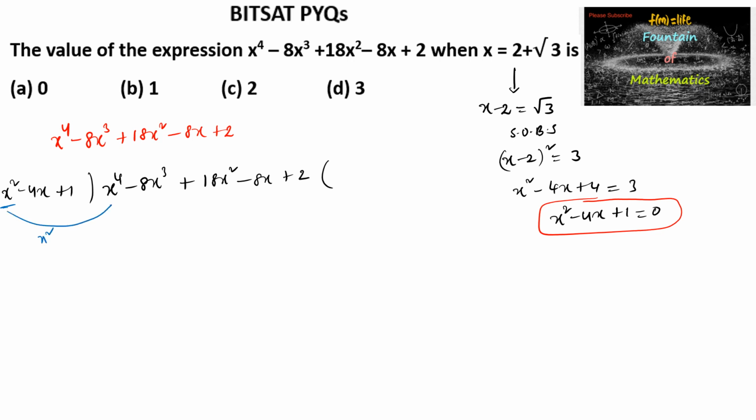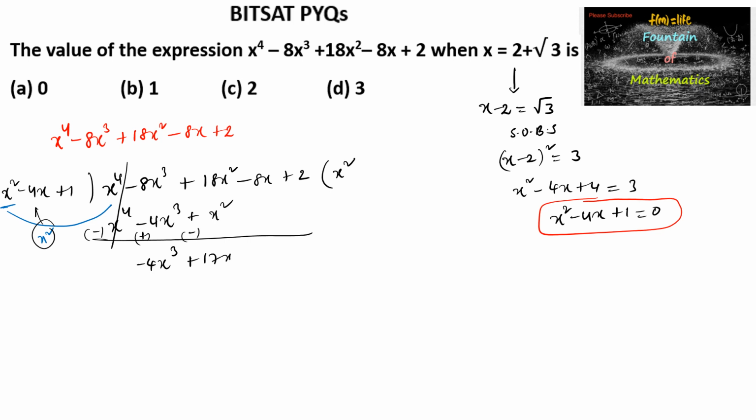So let us consider here x square. So x square is multiplied with x square minus 4x plus 1. So we will get x power 4 minus 4x power 3 plus x square. So on subtraction, we will get minus 8 plus 4 is negative 4x power 3, and 18 minus 1, so we'll get plus 17x square minus 8x.